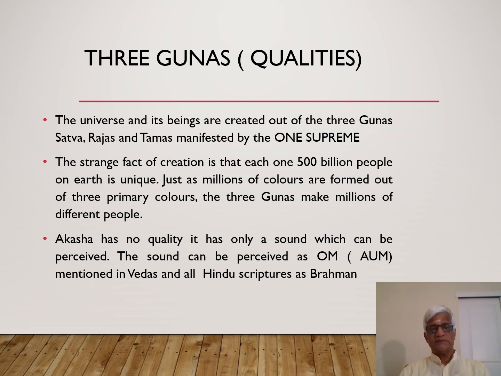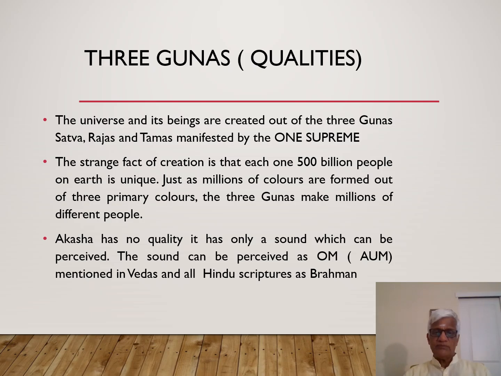These three gunas are in balance. The one supreme cosmic power or Ishvara does not have these three gunas. He is not having any of these qualities, but the qualities are in a very dormant and balanced state in him.